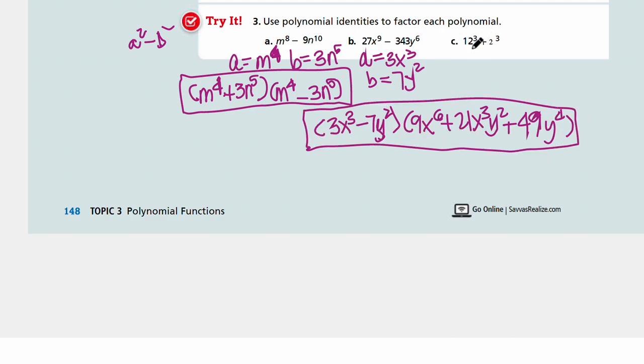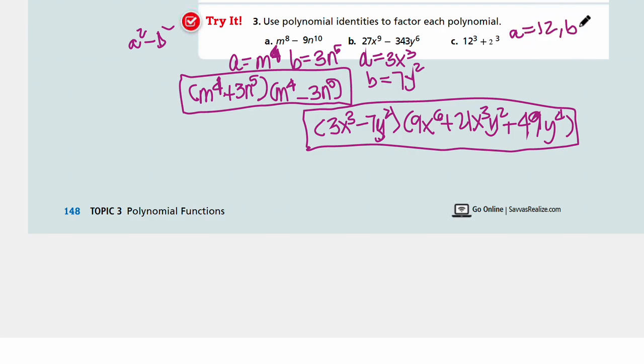And lastly, part C. You already see cubes, right? So what could this be? It's not a difference of cubes because it's added. It's a sum of cubes. So then using A and B, A is 12, B is 2, right?